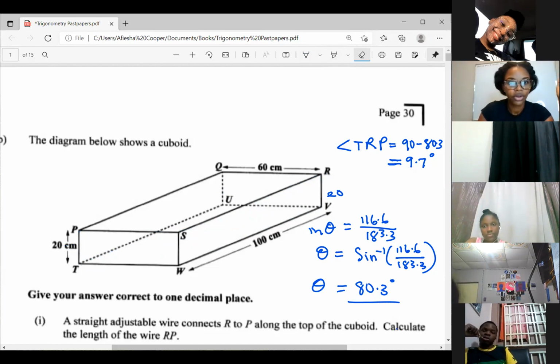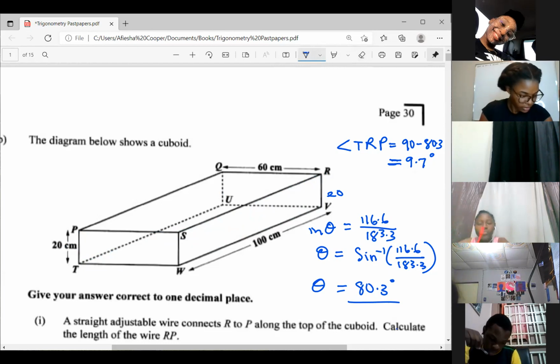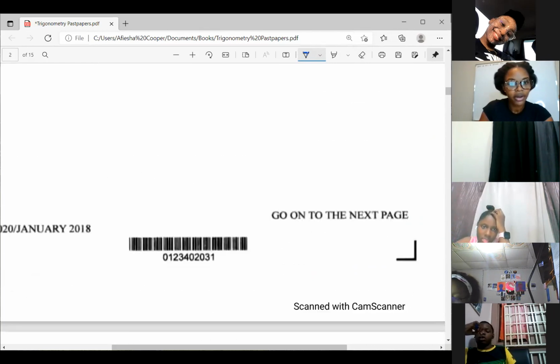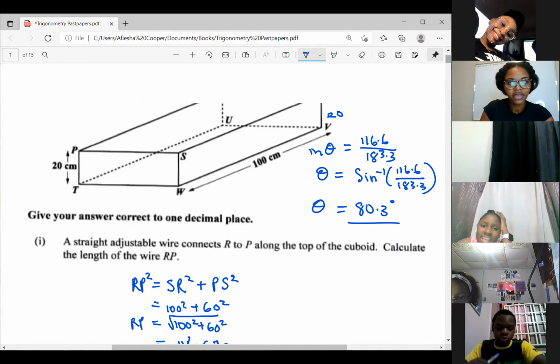Right. So they want TRP, right? Which angle are they looking for? RTV.